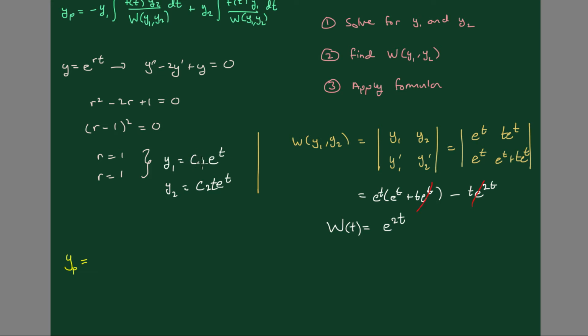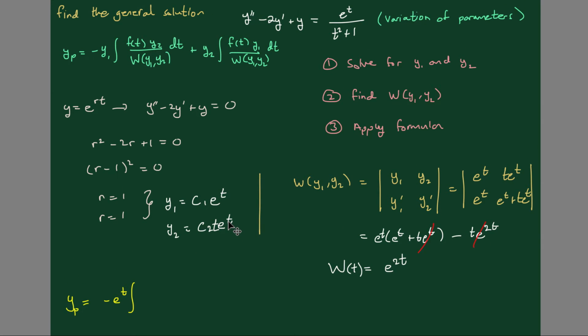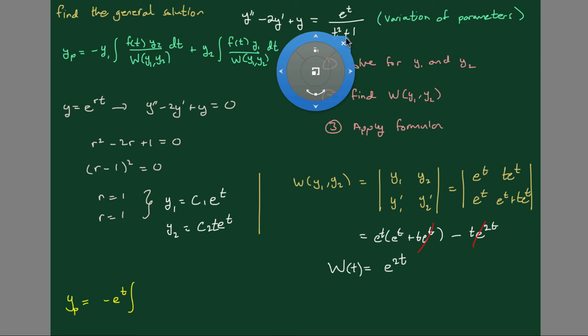Remember I said we can neglect the coefficients because they're going to cancel out anyway. So y1 is e to the power t, so minus e to the power t times the integral of f of t, right? Our f of t was, let's see, e to the power t over t squared plus 1.